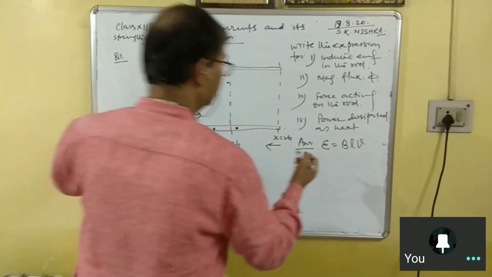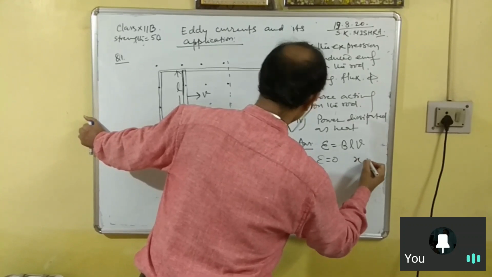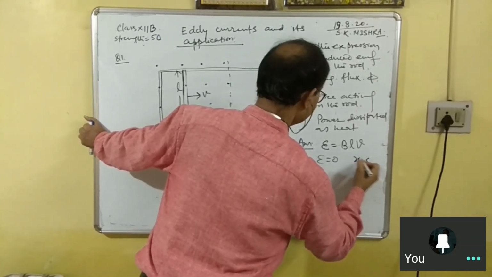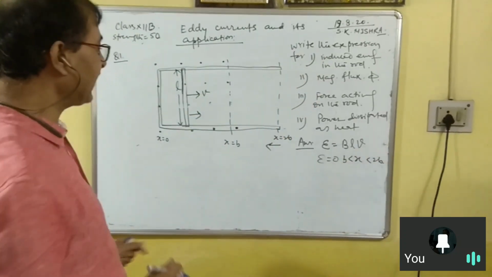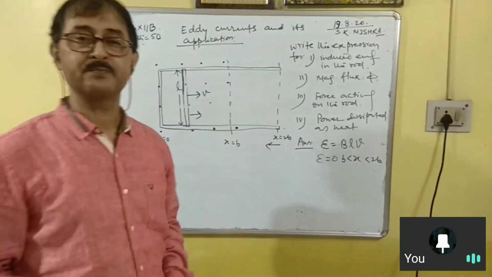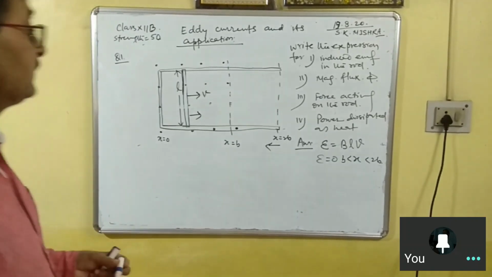So the induced EMF will be 0 for x between b and 2b.